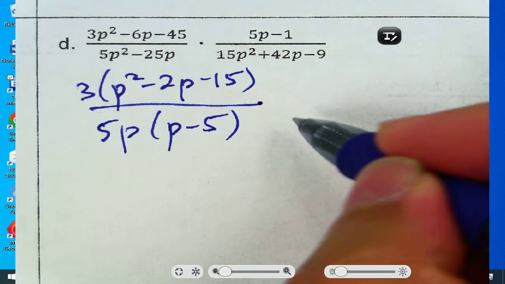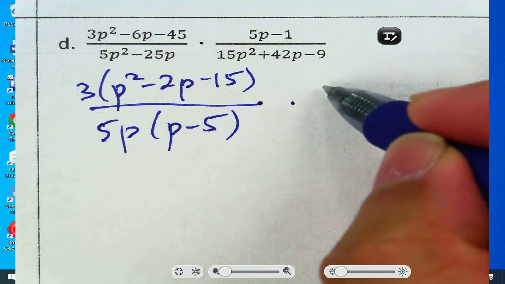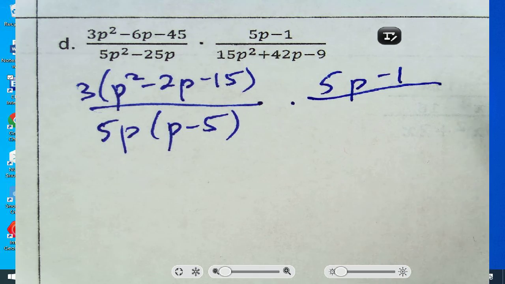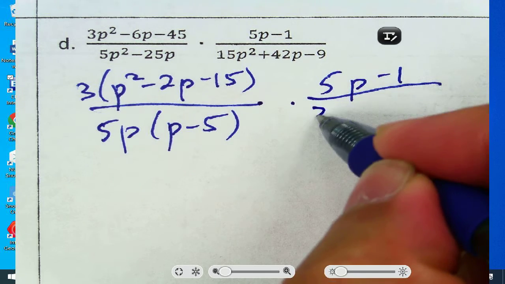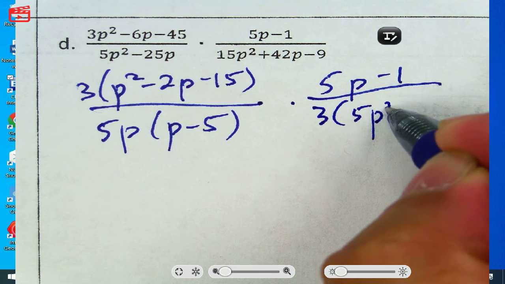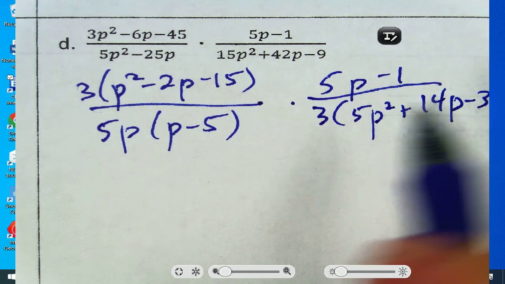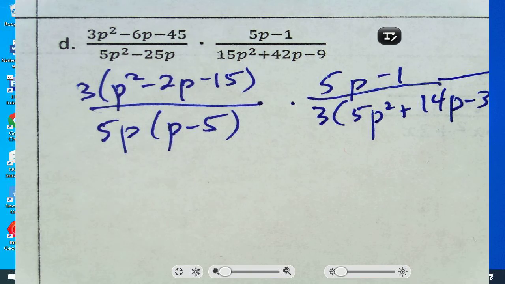Okay? The second numerator does not have anything in common. The second denominator, does it have anything in common? 3. So I'm going to take a 3 out. So it's 5p squared plus 14p. You take out a p, right? The 9 doesn't have a p, so I can't take a p out.